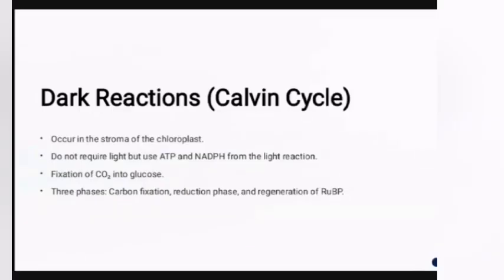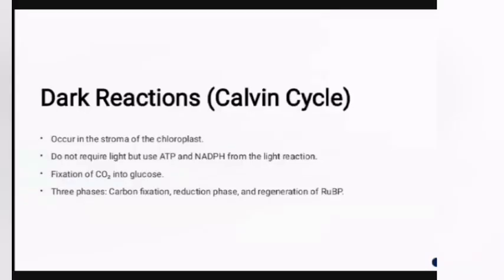If the plant were able to produce enough ATP and NADPH during the day, these things will drive this dark reaction and the plant keeps on producing glucose. Whenever this ATP and NADPH runs out, it will stop. Okay, so it is called light independent reaction or Calvin cycle.